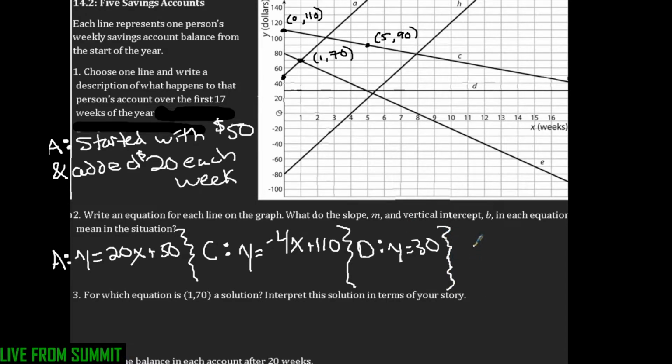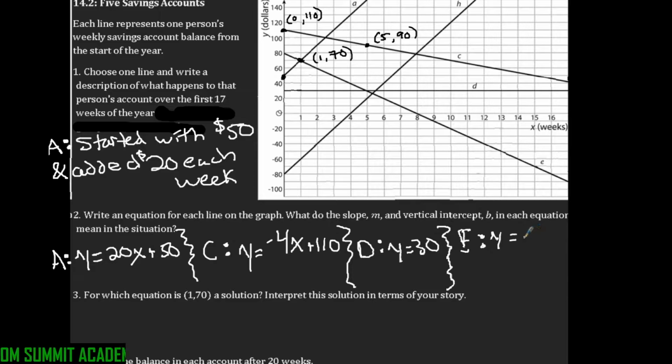Let's break it apart like this. For my line E, what's our slope? It's a little bit deeper of a slope, so let's find another point that it goes to. It's actually going down by 10 each week.